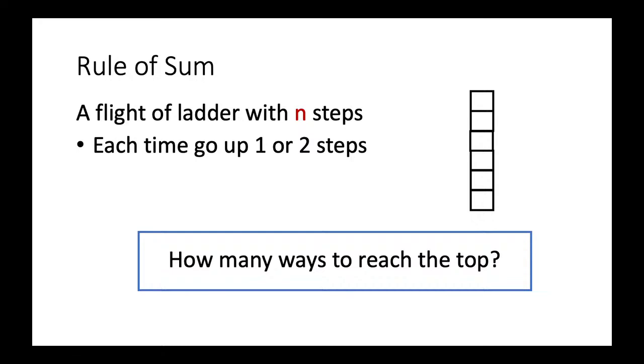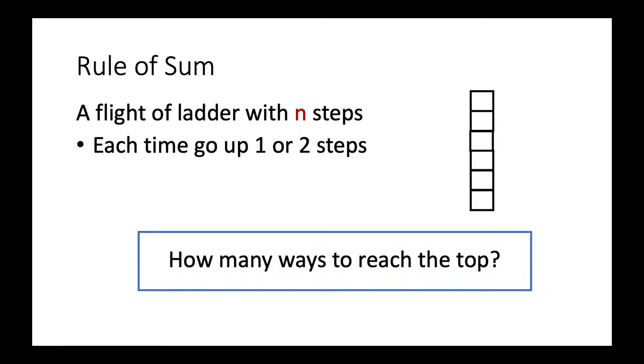How about n is equal to 3? Now there are even more ways. One possible way is you go 1 and then 1 and then 1. This is the first way. Or we can first go 1, but after that we go up 2.